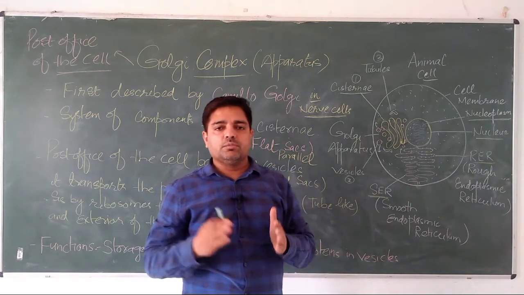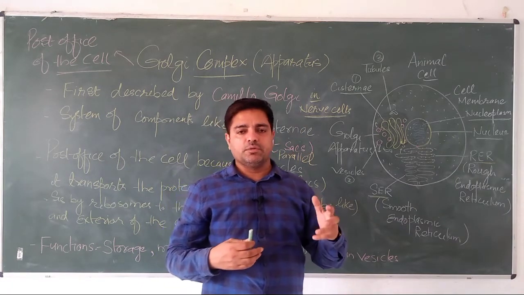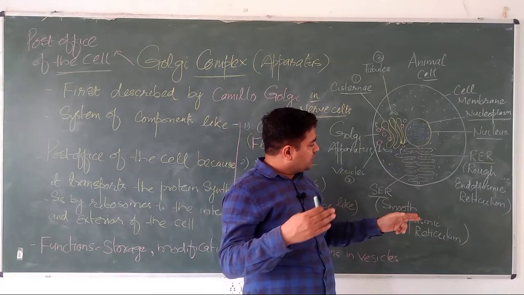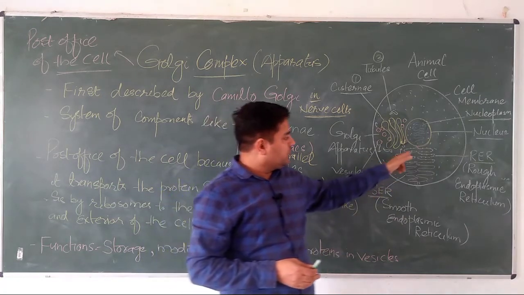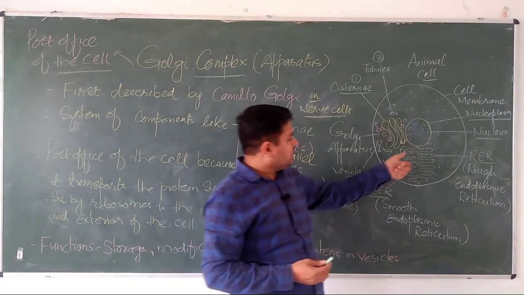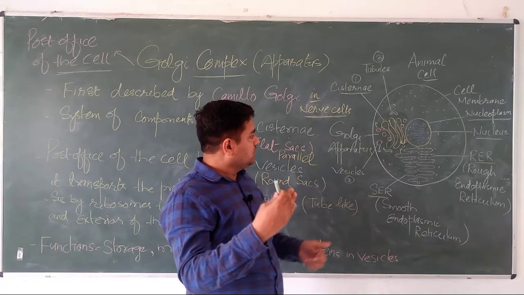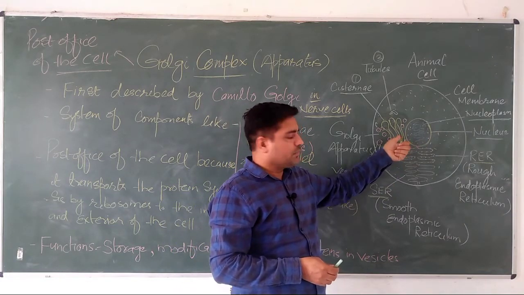Actually, in rough endoplasmic reticulum, ribosomes manufacture so many proteins, and after manufacturing, these proteins go into the lumen of endoplasmic reticulum, and from there they are packed into the vesicle and get targeted towards the Golgi complex.